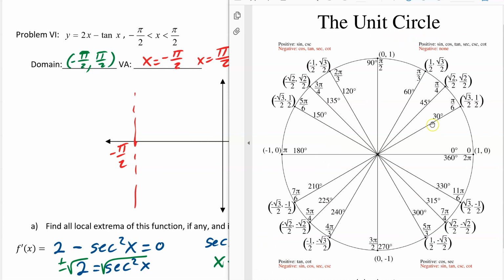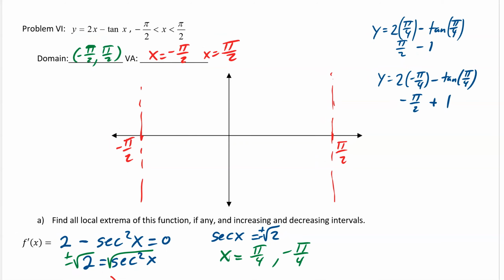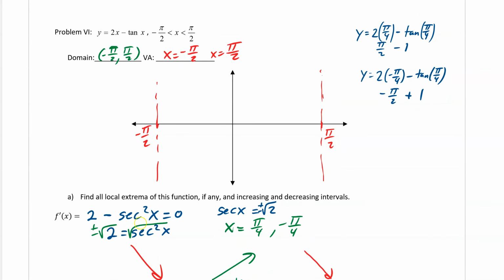You can use the decimal if you want, but pi over 4 tangent's 1, and it's negative 1 for negative. So this would be just pi over 2 minus 1, and this would be negative pi over 2 plus 1. So now we know our exact values. So this would be pi over 4, comma, that, and this would be negative pi over 4, comma, that.